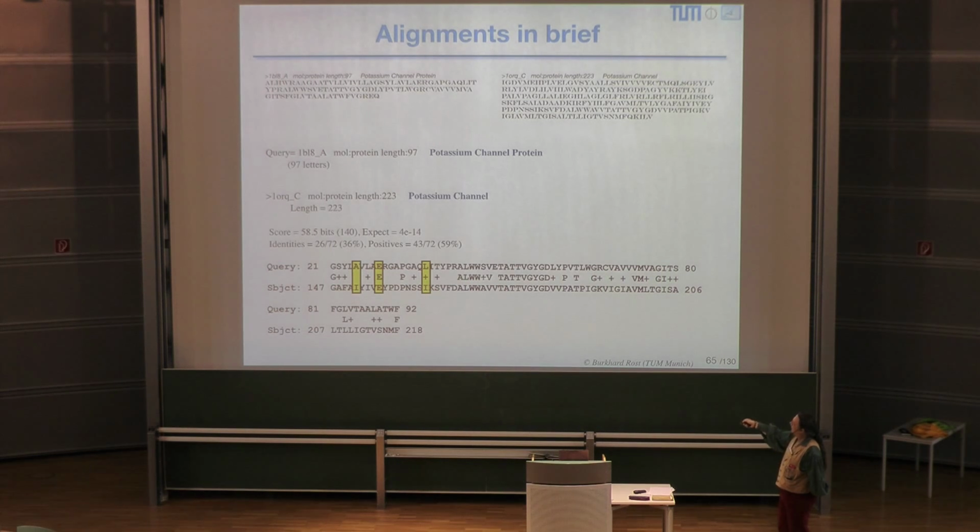In fact, this row here shows the identical residues, and you see there's a lot of white, a lot of difference. The functionally important region here, the sensor of the potassium channel, are these 3 residues. You may see that in these 3 residues, only one is identical.